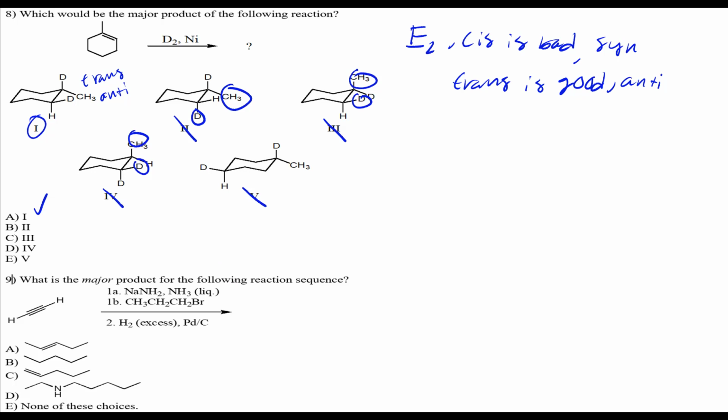Okay. Now, what is a major product of the following reaction sequence? Well, over here you're reacting with sodium amide, I believe. So what happens? What do we do? Well, you're going to have a doozy with this problem. And, you know, I probably need more room.